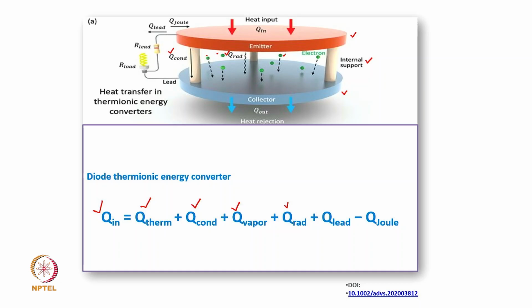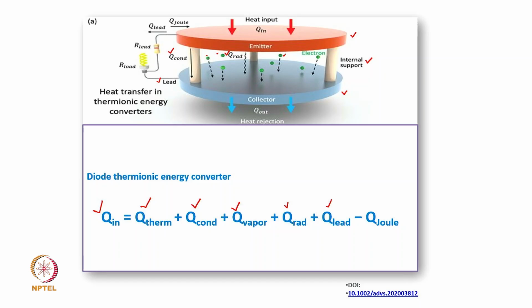Apart from that, there are some leads, etc. So, we can have a heat component of lead, that is wires which are getting heated and can be added to this component.